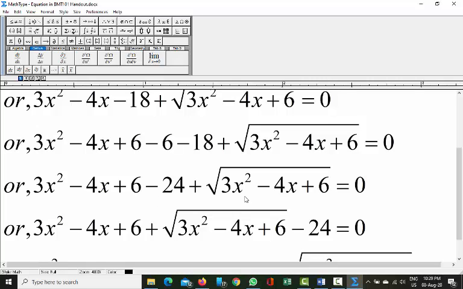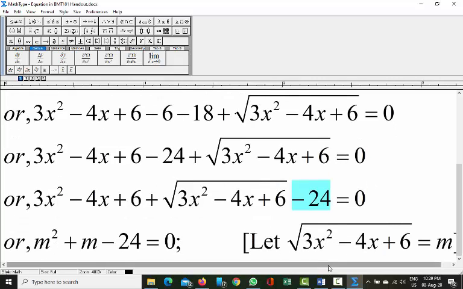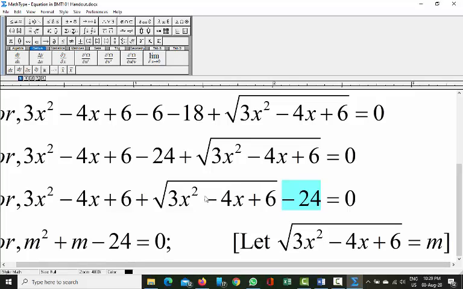So now we have 3x square minus 4x plus 6, and then plus this one, and we will bring this minus 24 at the end, just rearranging it. So now let this root over 3x square minus 4x plus 6 be equal to m. Right? Let this one be equal to m.